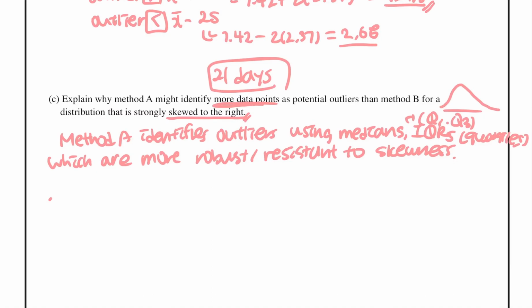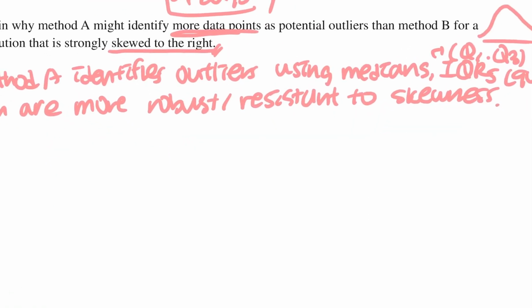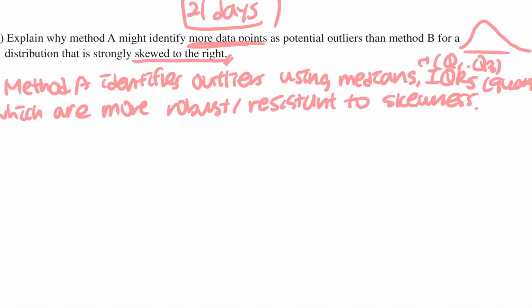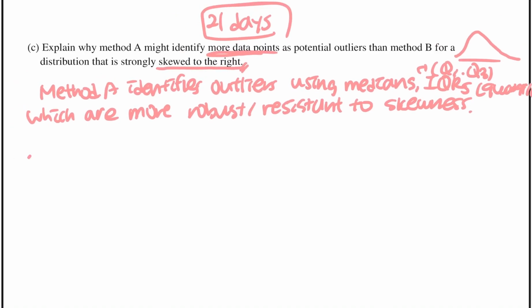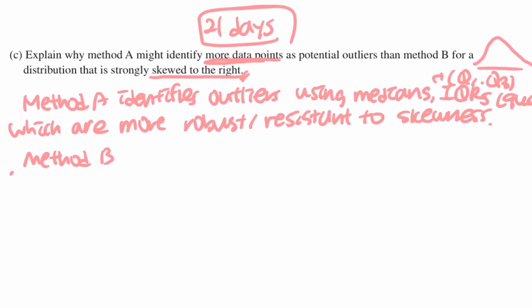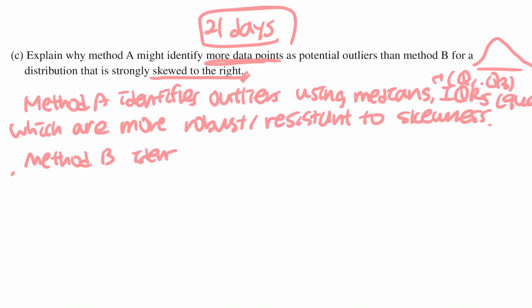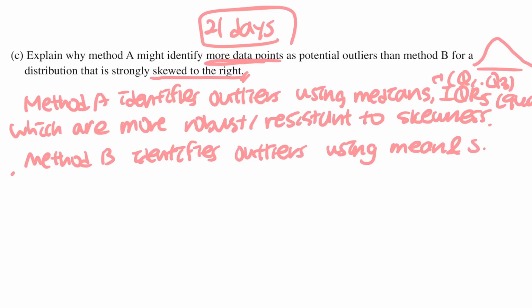This means that even if your distribution is normal or skewed to the left or the right, the IQR and median have a higher possibility of not being severely impacted by the skewness. Compared to that, method B, the 2 standard deviation rule, identifies outliers using the means and the standard deviations.